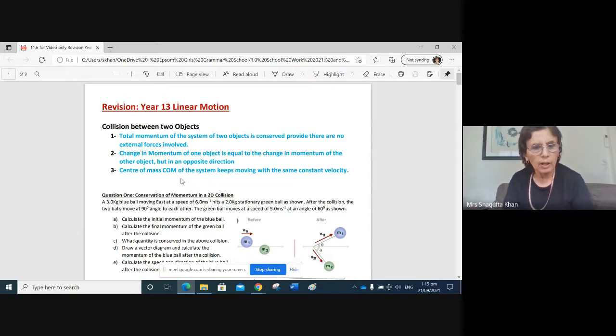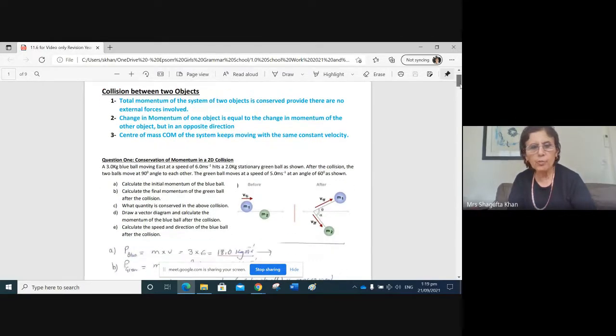Now, for all these laws, the condition is that there should be no external forces acting on the two objects which are having a collision. So first of all, we will look at this collision from the first point of view.